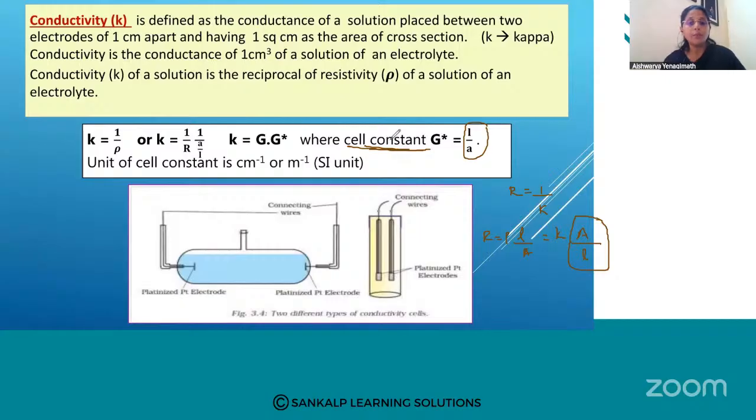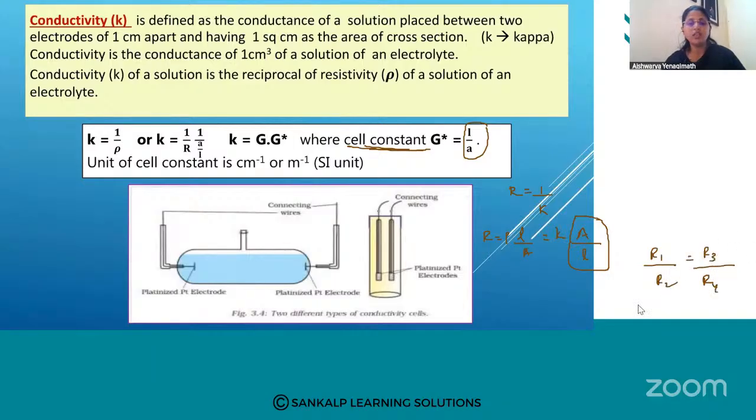Applying the concept of Wheatstone's bridge, which you have learned in physics, we can find the resistance of this. In fact, from this we can find conductivity also, because once we get the resistance, 1 by resistance is my conductivity. So what is Wheatstone's bridge? It is nothing but R1 by R2 is equal to R3 by R4.